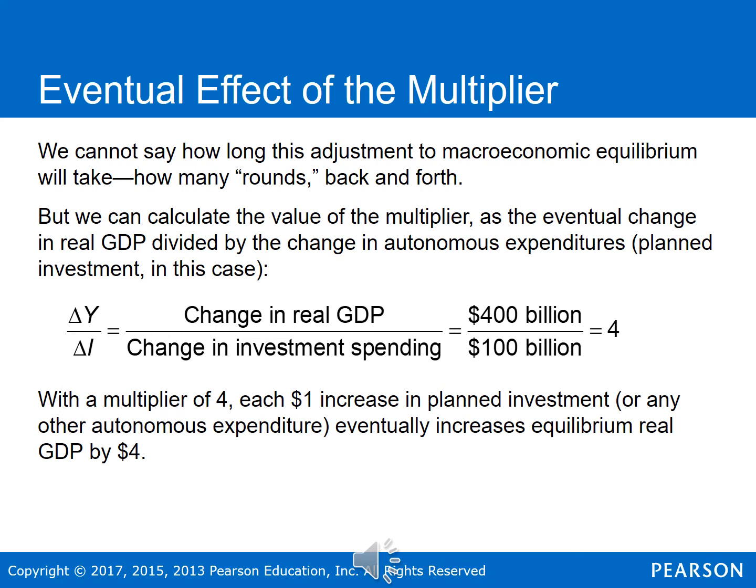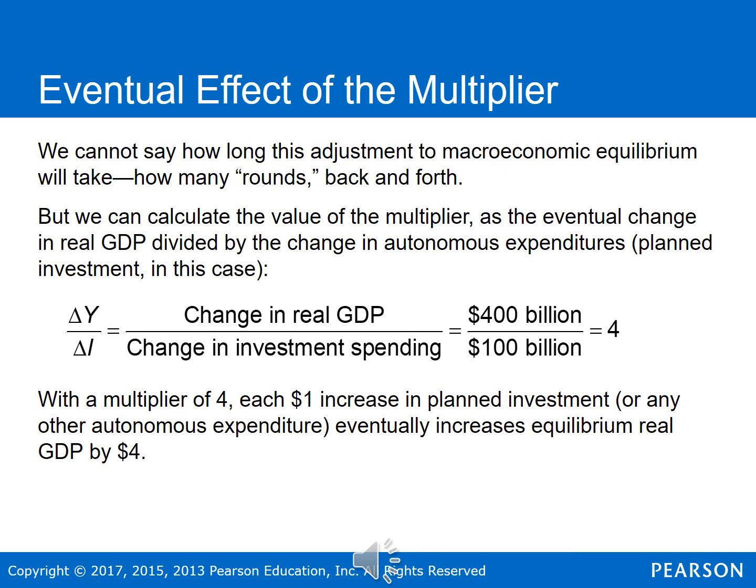So in this case, we'll set up the change in Y, the change in real GDP, divided by the change in I, or the change in investment spending. So for this previous example, the change in real GDP was $400 billion, and the change in investment spending was $100 billion. So by increasing investment spending by $100 billion, we ended up with $400 billion of additional real GDP.